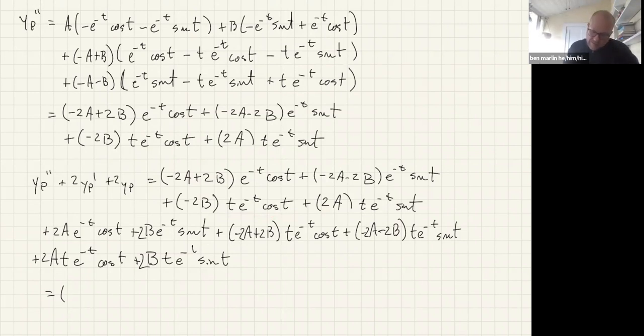We have minus 2b here, and then we will have minus 2a plus 2b, and then on the last part here, plus 2a, t e to the minus t cosine t, plus, now when we do the sine, we'll have 2a and minus 2a and minus 2b and plus 2b, t e to the minus t sine t, okay?